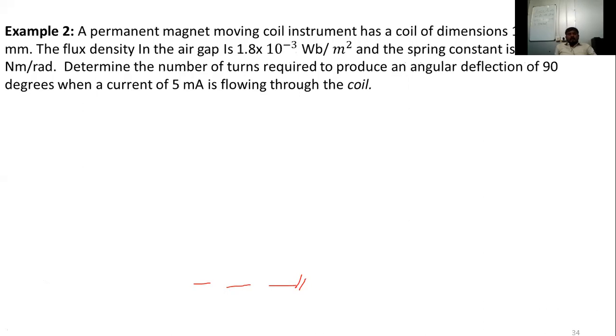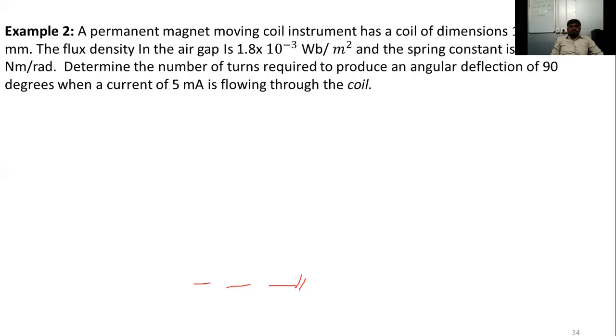A permanent magnet moving coil instrument has coil dimensions 15 mm into 12 mm. The flux density in the air gap is 1.8 into 10 to the power of minus 3 Weber per meter square, and the spring constant is 0.14 into 10 to the power of minus 6 Newton meter per radian.